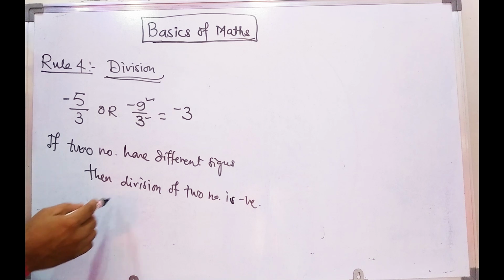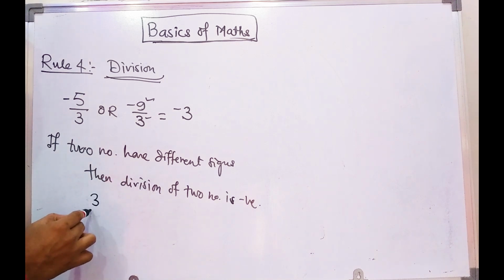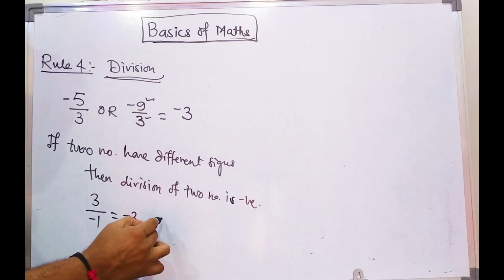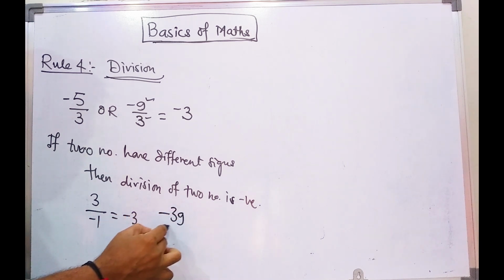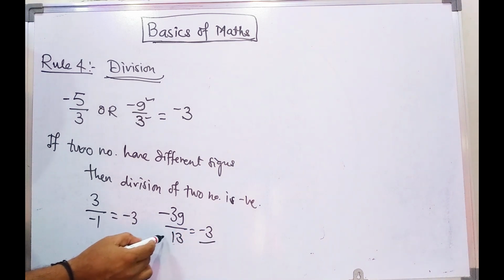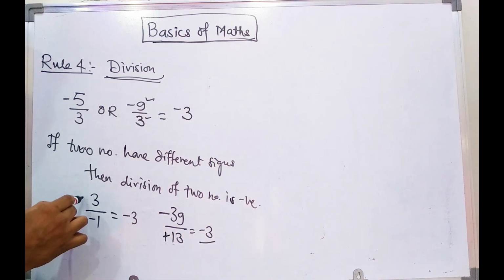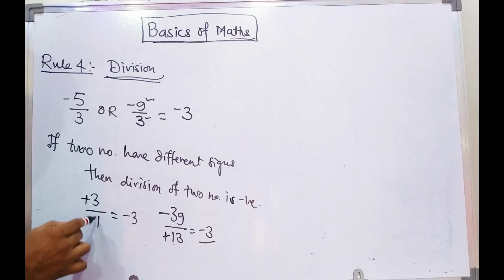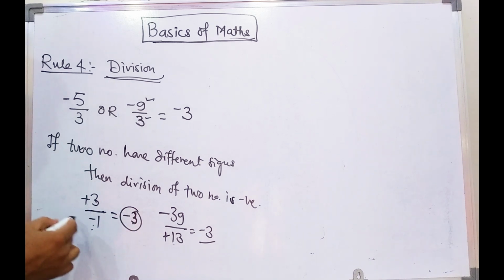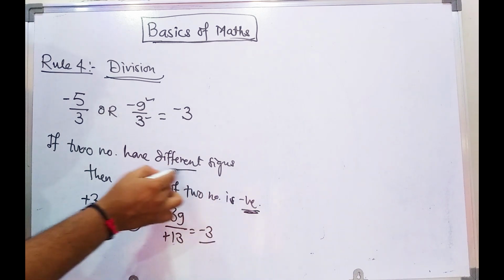So let us say 3 upon -1 means -3. If I write -39 upon 13, then -3. Now here 13 has a plus sign, 39 has a minus sign. So these two numbers have opposite signs.